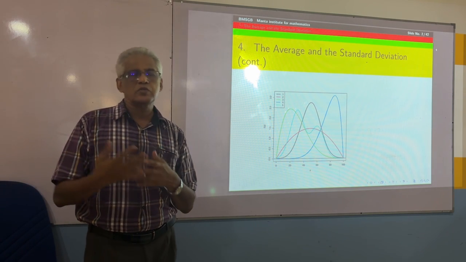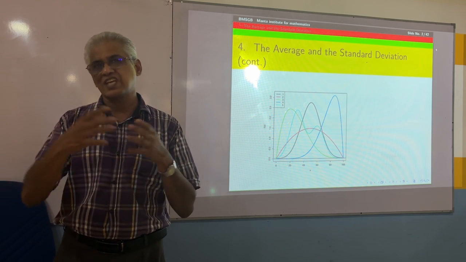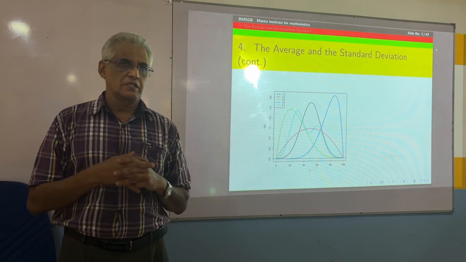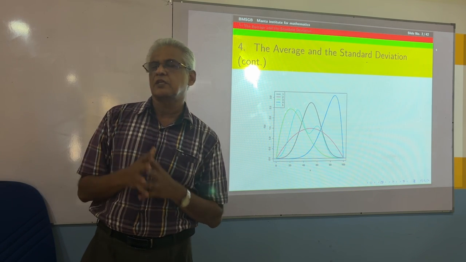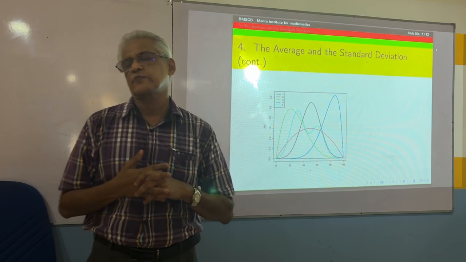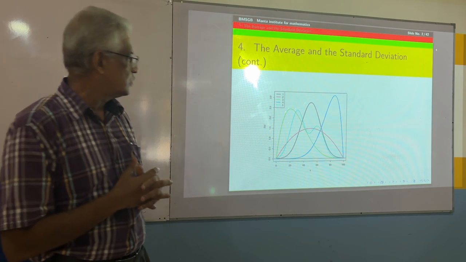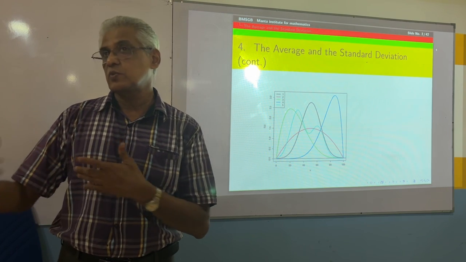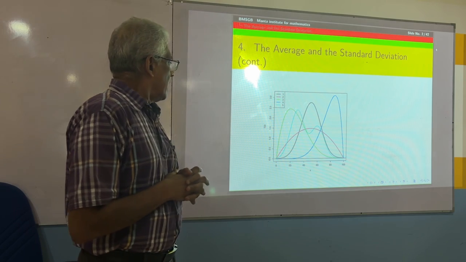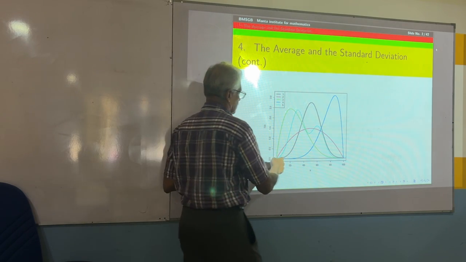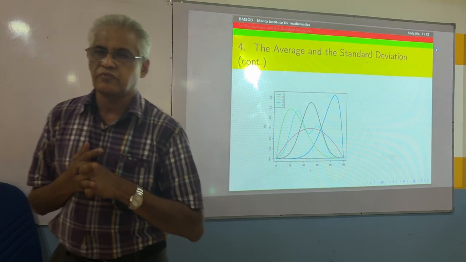In addition to those, some people talk about something called skewness, how skewed the data is, and what is the direction of the skewness. And there's another thing called kurtosis. Those are the four features that people usually use to describe the distribution of the data, the shape of the distribution. As far as symmetric distributions are considered, actually only two of them are usually enough.